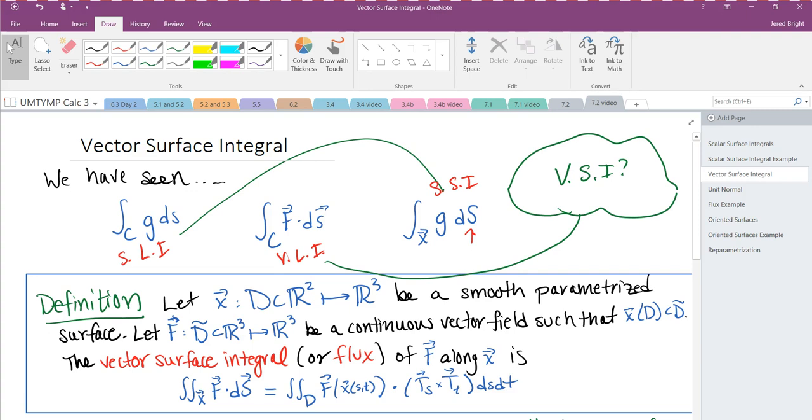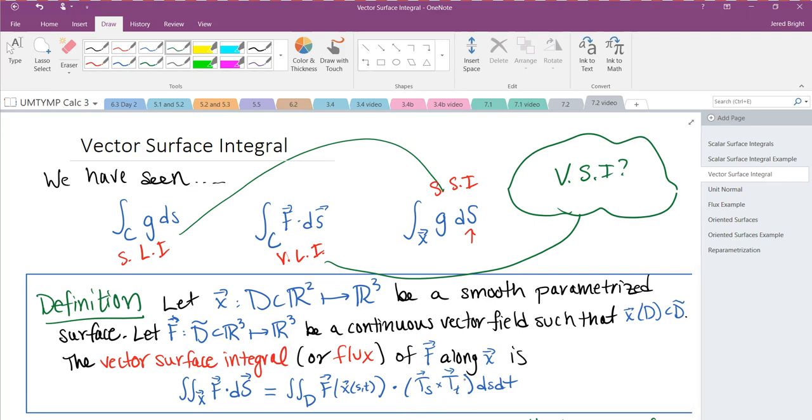And so the vector surface integral is kind of what you might expect. It's the integral of F dot dS, where S is our surface, but more specifically, it behaves according to what we might expect from our vector line integral. So we would have to substitute the parameterization into the vector field and dot it with T_s cross T_t, which was our normal vector.